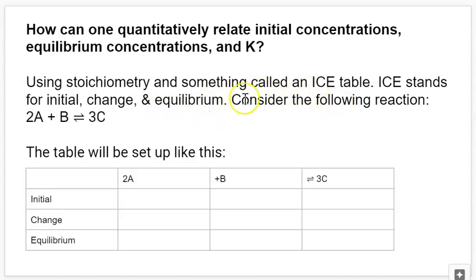So consider the following reaction of 2A plus B in equilibrium with 3C. The table for this reaction will be set up like this, where we have 2A plus B in equilibrium with 3C, so a column for each substance, and then we'll have a row for the initial concentrations, a row for the relative change, and then a row for the equilibrium concentrations.